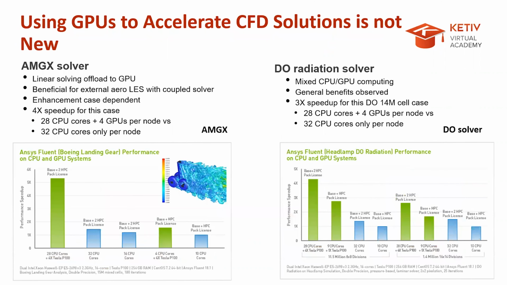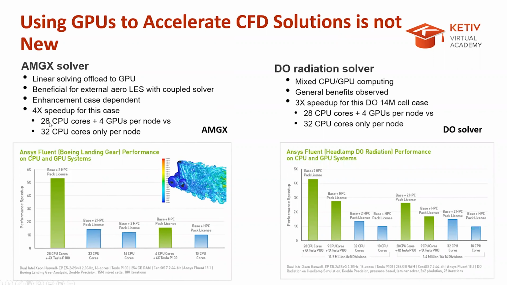So on this slide over here, you can see two examples. This one is for an external aero problem, wherein we use the AMGX NVIDIA solver for offloading some of the linear algebra computations to the GPU, and then the rest was done on the CPU. You can see comparisons between using 32 CPU cores, which are represented by the blue bars on this histogram.